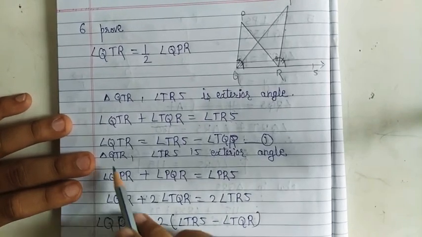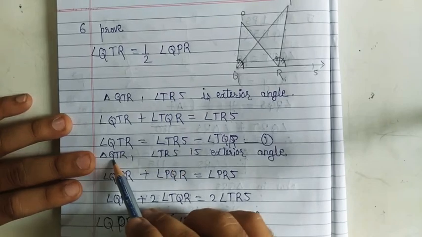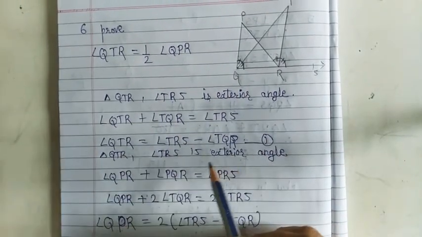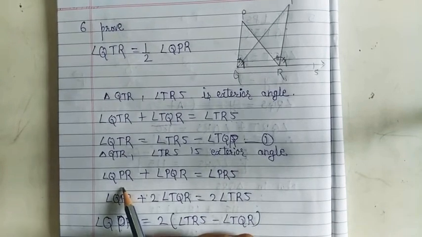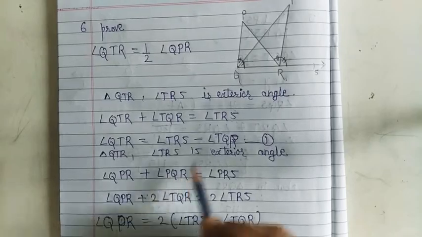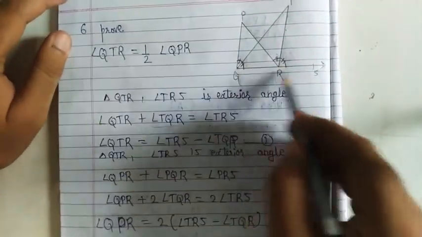Now again, in triangle QTR, TRS is the exterior angle, yes, we know that. So QPR plus PQR is equal to PRS.